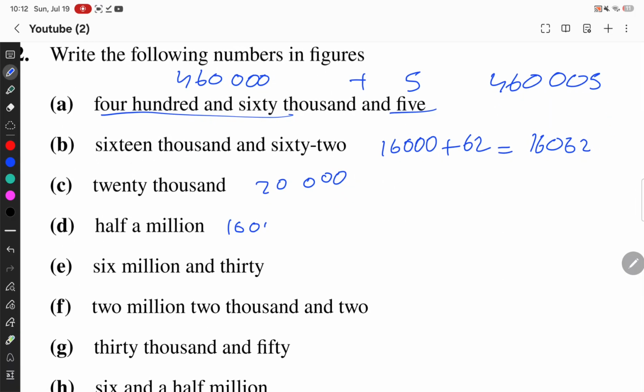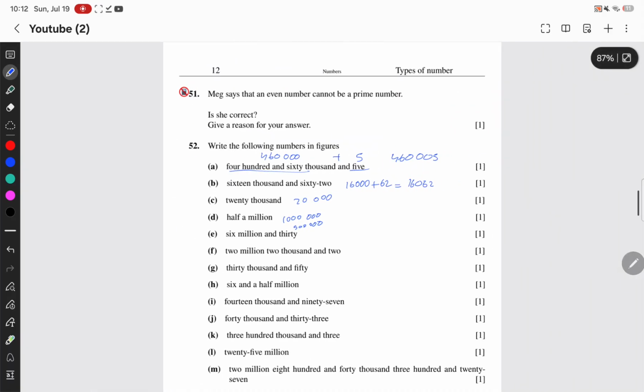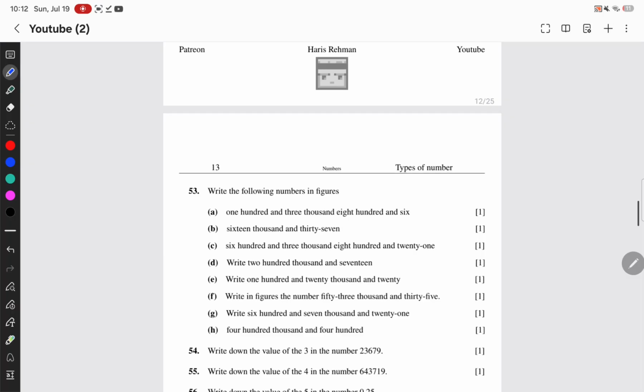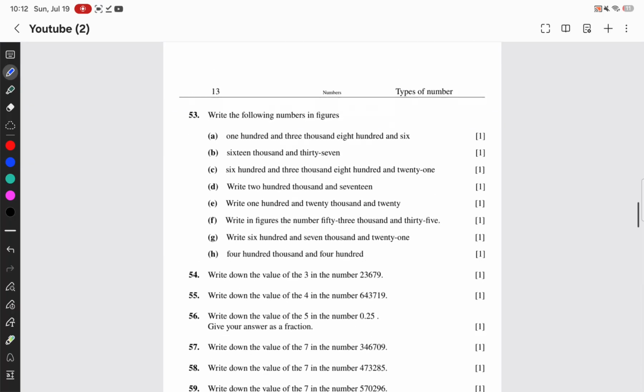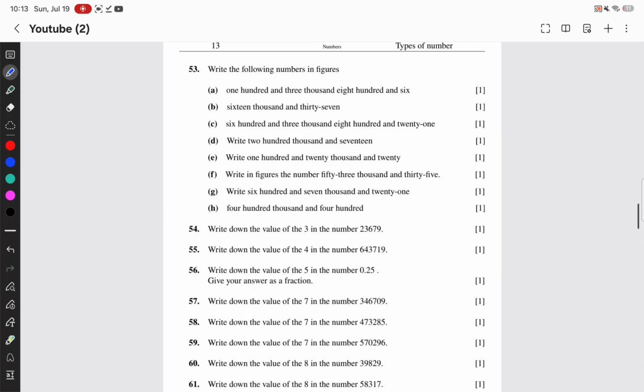What is a million? 1 with 6 zeros. Half of it is 5 lakh. You know your thing. And so on. I hope you know how these are going. I've put in many of these. I've cut this question in parts also.